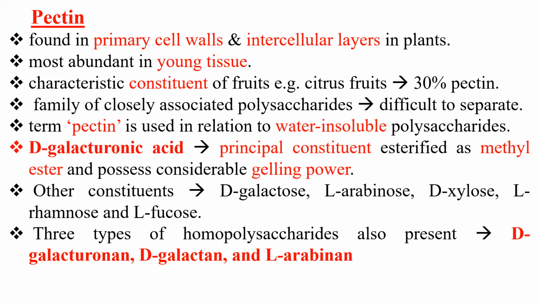Other constituents of pectin may include D-galactose, L-arabinose, D-xylose, L-rhamnose, and L-fucose. Three types of homopolysaccharides are also present, including D-galacturonan, D-galactan, and L-arabinan.